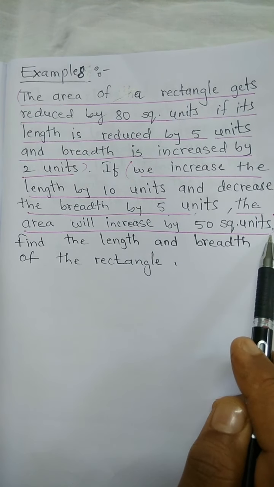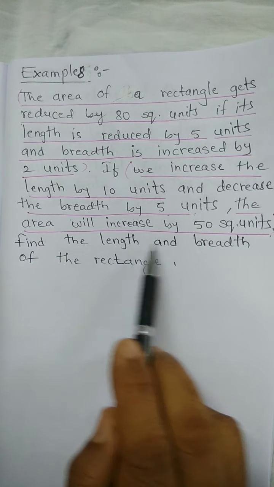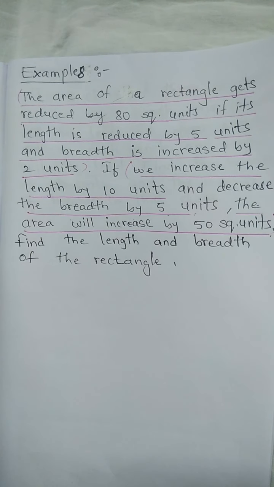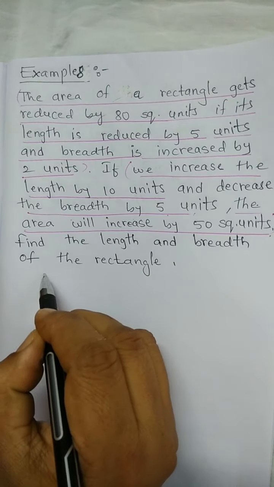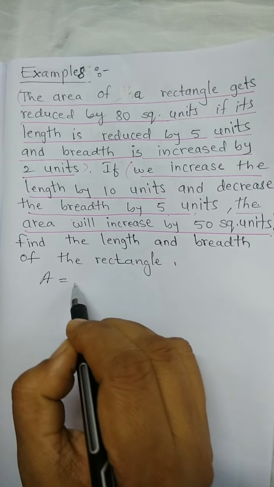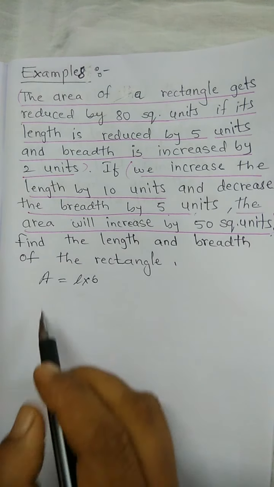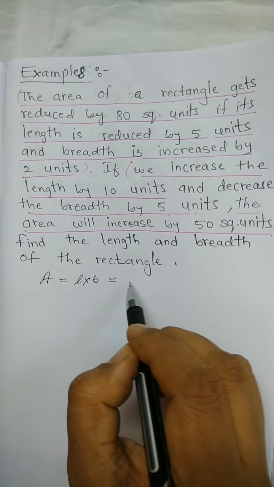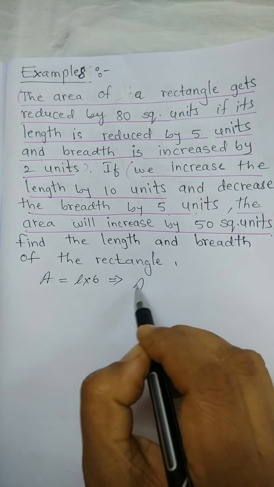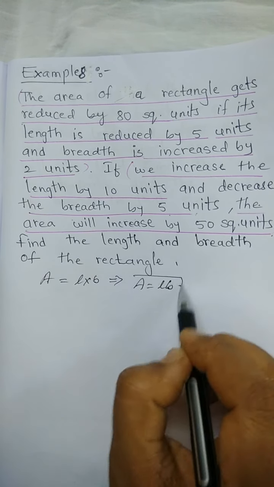This is second condition. Find the length and breadth of the rectangle. So we know that area of rectangle is L into B. You can take X into Y. Now L into B means area is equal to LB.